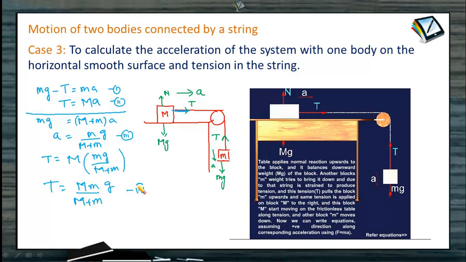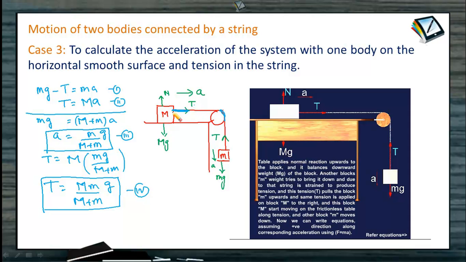So this will be the tension in the string, and this will be the acceleration. Followed? We have M pulled down by gravity, string tension up. Single string, so the tension will be the same.